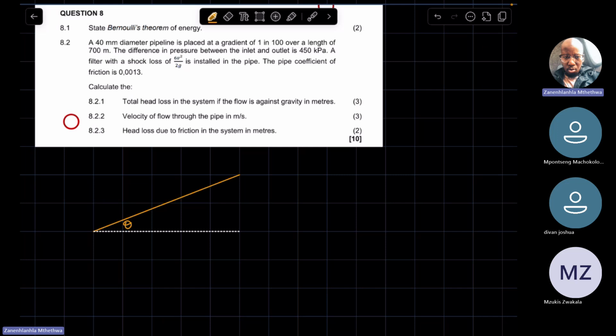And then, of course, this would be the inlet, and that would be the outlet, right? Why am I assuming that this is the inlet and that is the outlet?